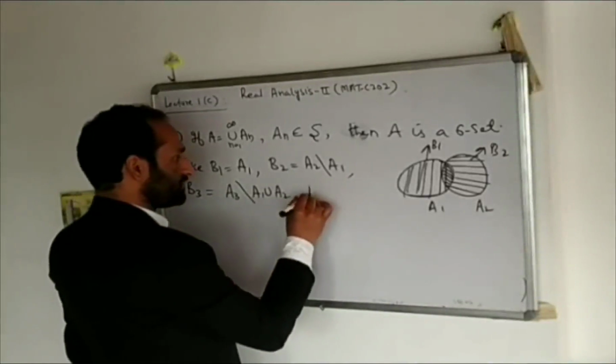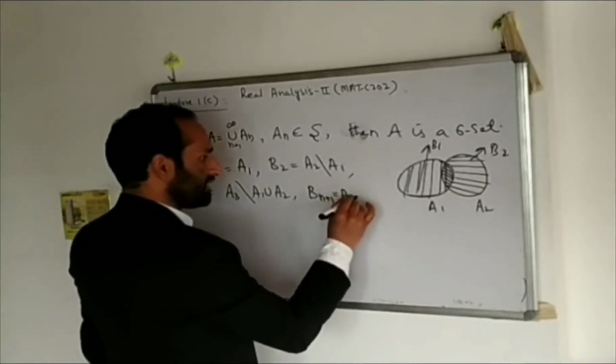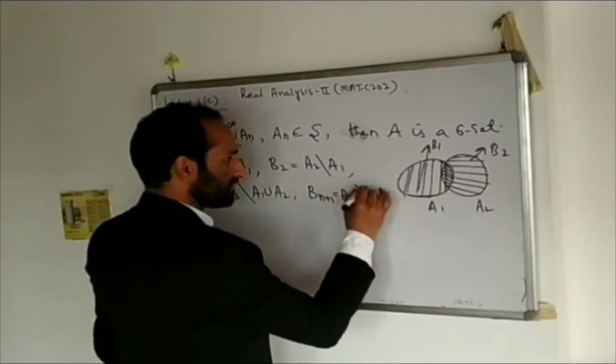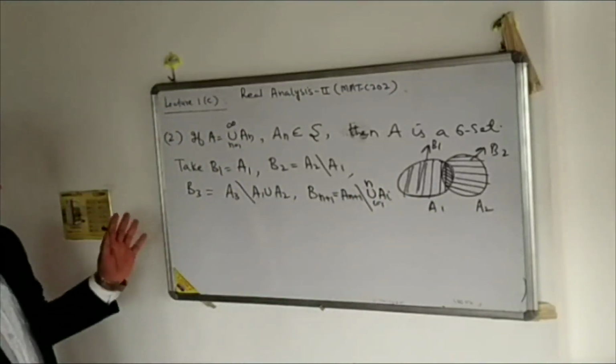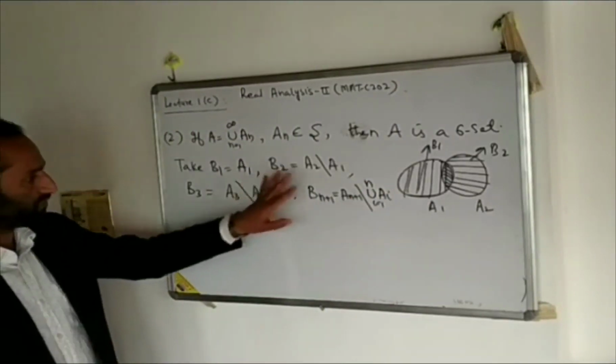And in general we define B(n+1), which is equal to A(n+1) minus the union of Ai, i runs from 1 to n. So thus we have constructed a new sequence Bn having the following properties.